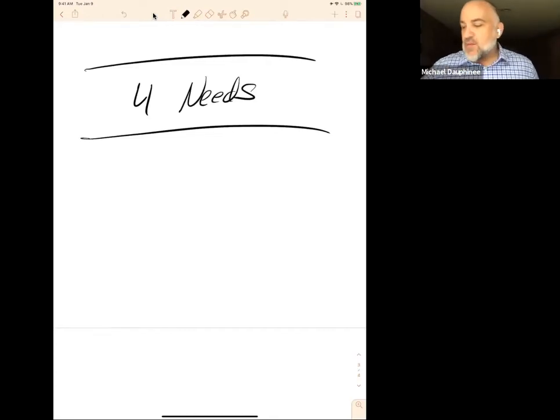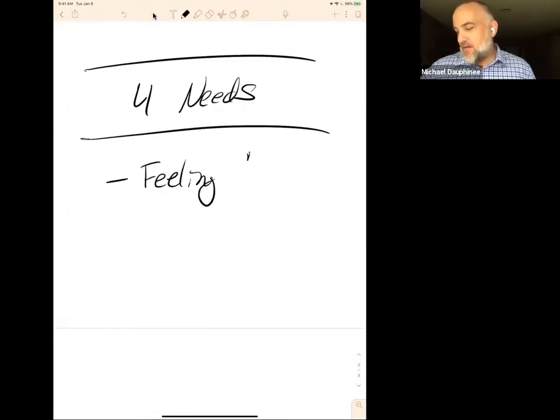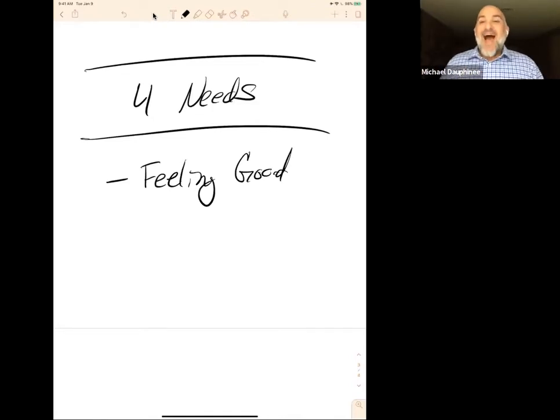Okay. So the first one is feeling good. If that's one of yours, which is one of mine, I have a need to feel good or to not feel pain. I don't like to be inconvenienced. If I've worked hard, I'm like, oh, I've earned the ability to have this piece of chocolate cake right now. Because the resistance would be feeling bad.